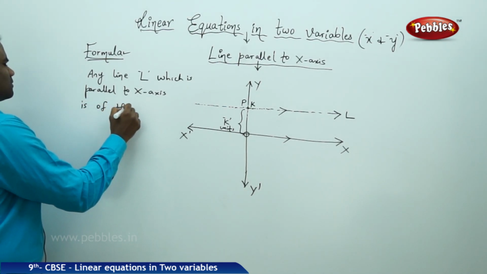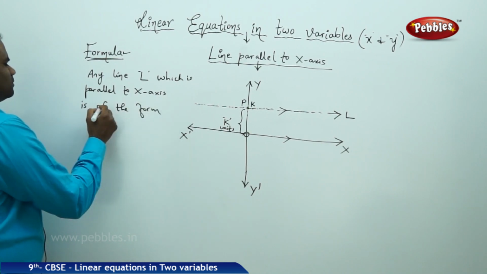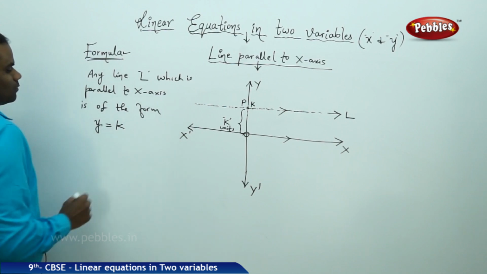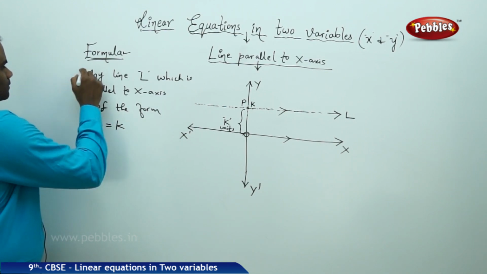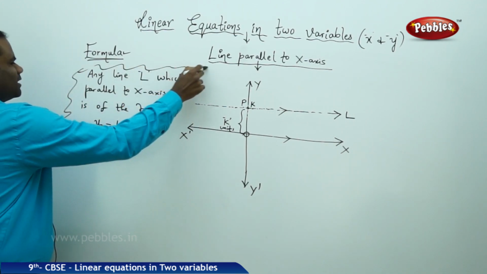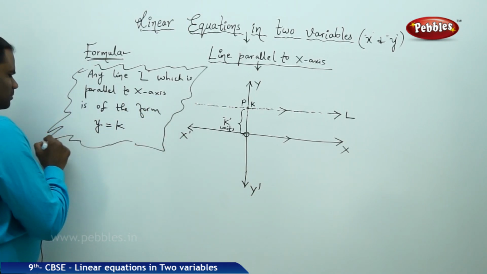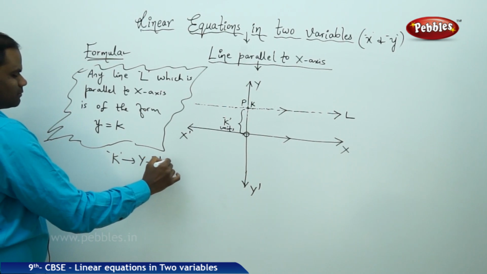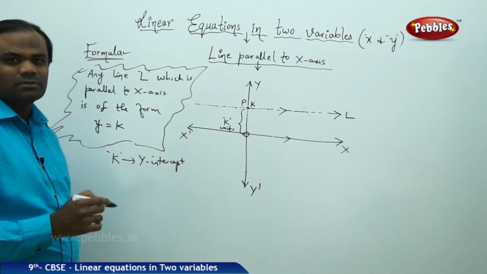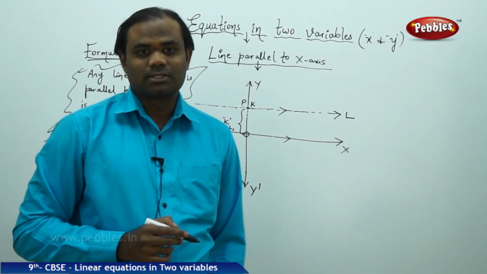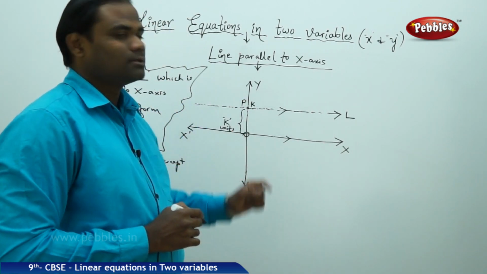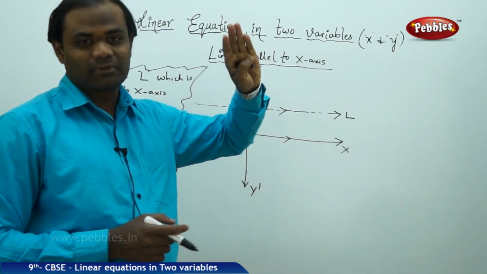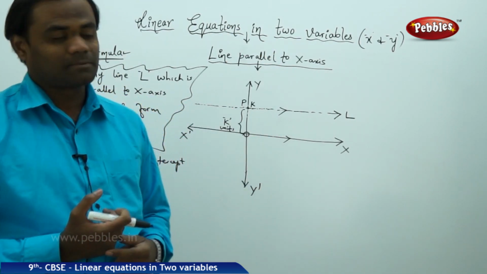Any line L which is parallel to the x-axis is of the form y equal to k, where k is the y-intercept, or the distance from the origin to the line L, or the distance between the line L and the x-axis.